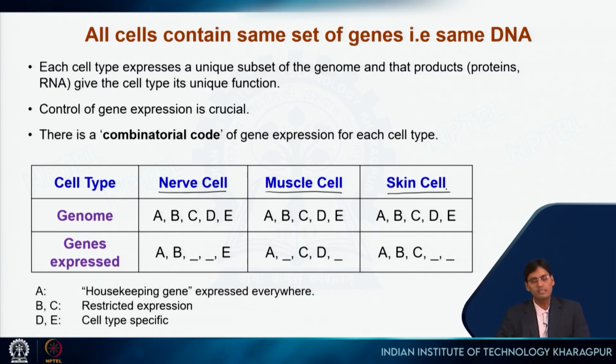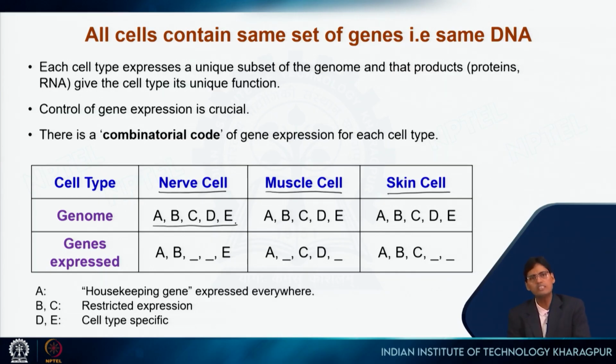But if you see, their genome is the same. In their genome they have, as I told, 20,000 protein coding genes, all present. But here, just for explanation, I am mentioning only 5 genes, A, B, C, D, E, present in all these cells: nerve cell, muscle cell and skin cell.